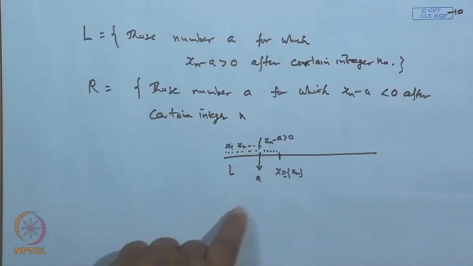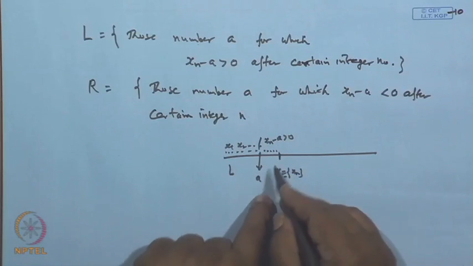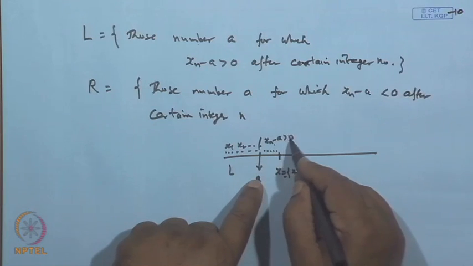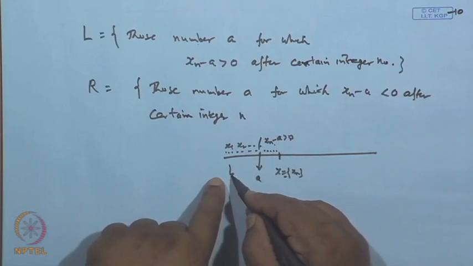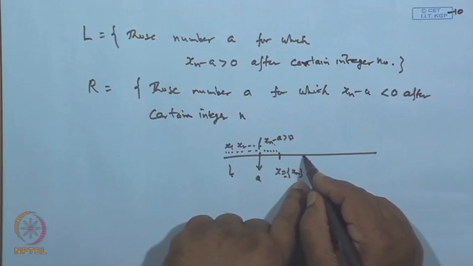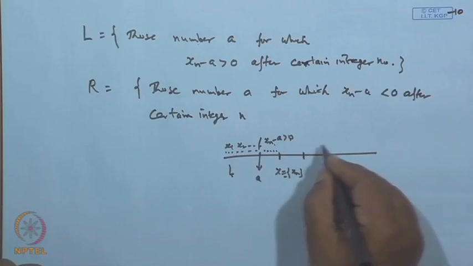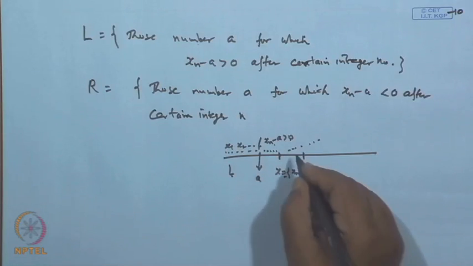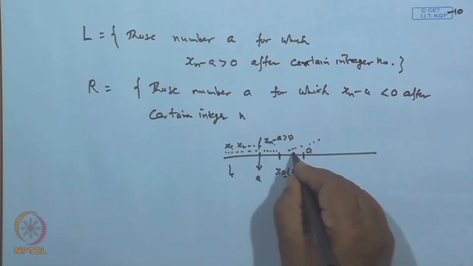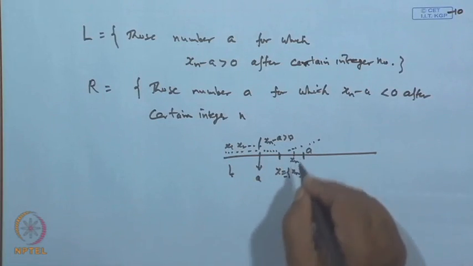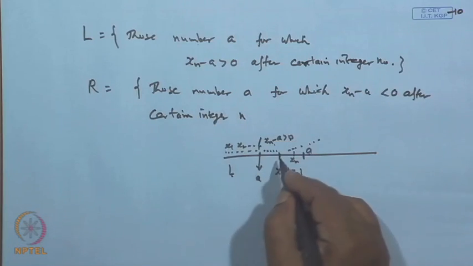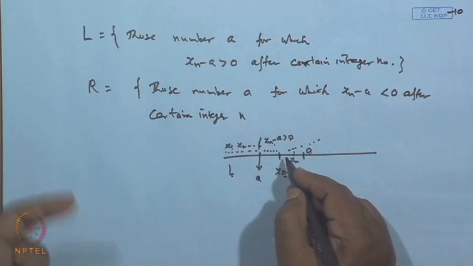So, these points will come, is it not? Those real numbers for which this is greater than 0 will be put in the lower class, while the upper class means a is like this. Suppose I take this number like this, so a is this number, and x 1, x 2, x n will be here. So, x n minus a will be negative after a certain stage. Those numbers we put in the upper class.